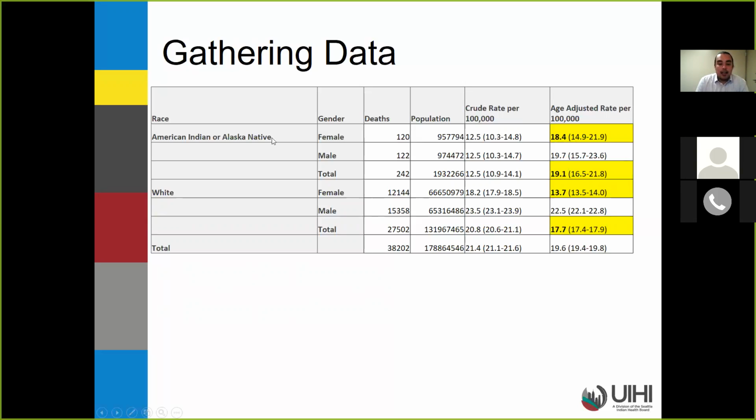American Indian and Alaska Native females had a relatively high age-adjusted death rate for diabetes. Likewise, we can also see that American Indians and Alaska Natives had an elevated age-adjusted death rate for diabetes when compared to non-Hispanic whites. Those are both sets of numbers that I'm attempting to highlight.